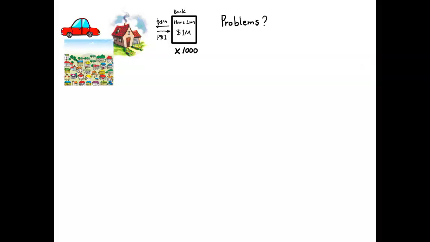Duration mismatch problem. So the bank's raising cash from issuing demand deposits, and they are lending the money to home loans with 30 years maturity. So the biggest problem is we are having a very high duration mismatch problem, which means when there is a change in interest rate, it will affect market value of the bank's assets significantly.